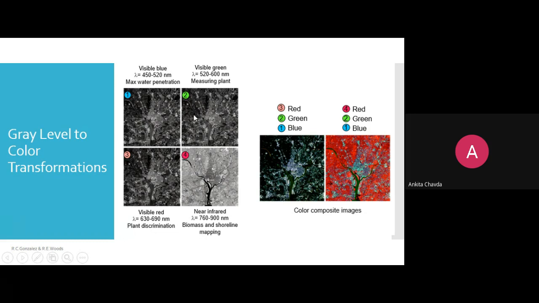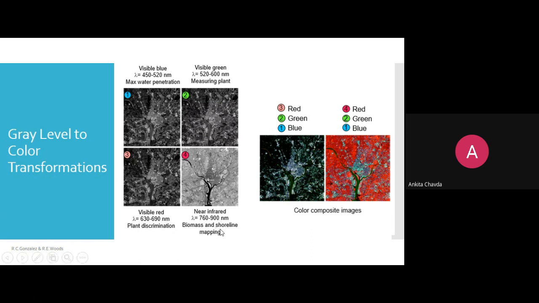Okay, this is for the green, this is for the red one, and finally this is very near to infrared, because here the wavelength is 760 to 900 nm. If it is more than 760, you know that red color would be there, and after red, directly in the spectrum you will have the infrared band.